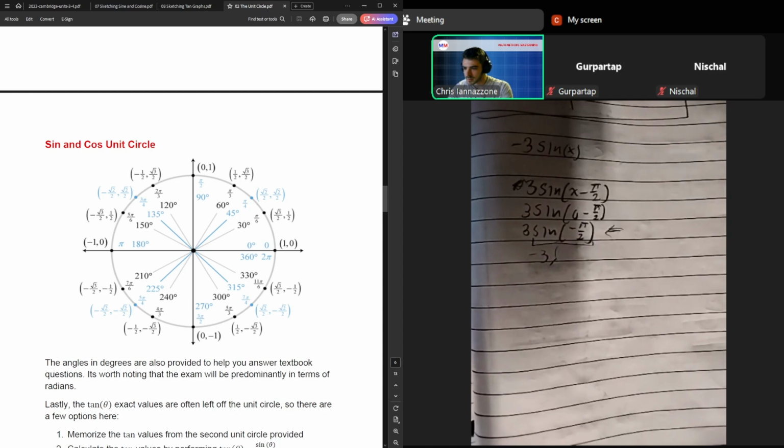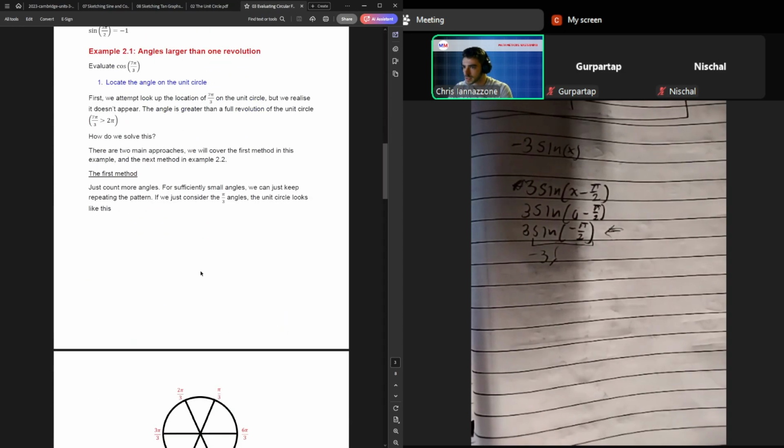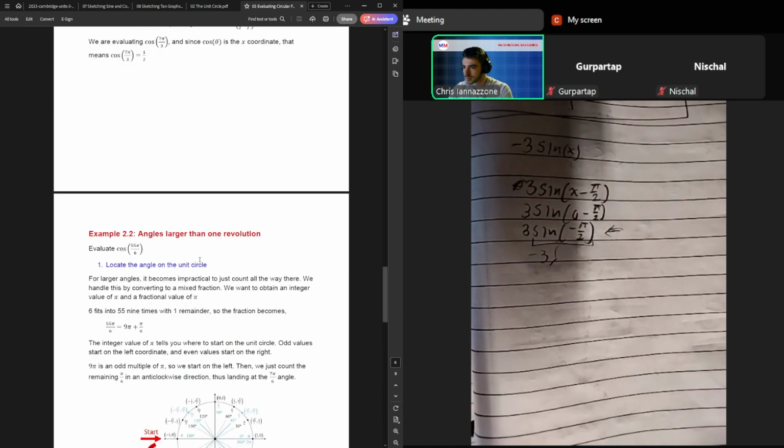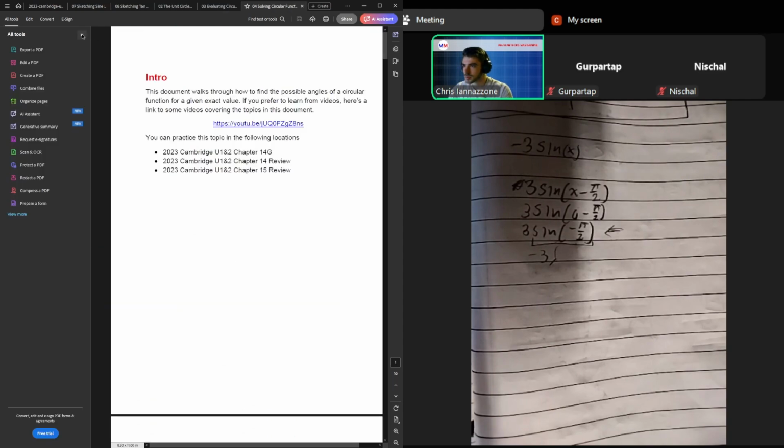Let's see, where is it exactly? So you could look at the unit circle document, which is document 2 of circular functions.